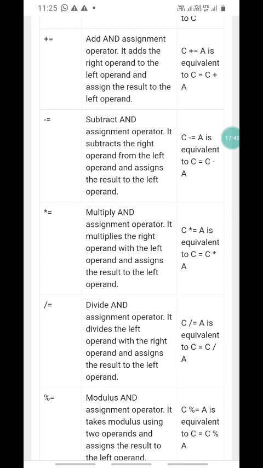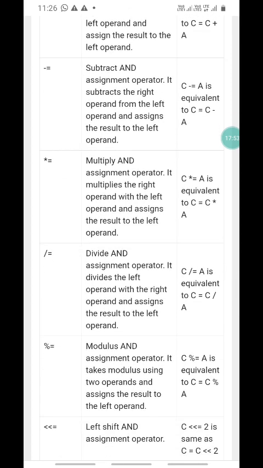Division, that is the divide and assignment operator. It divides the left operand by the right operand and assigns the result to the left operand. C divide equals A is equivalent to C equals C divided by A.